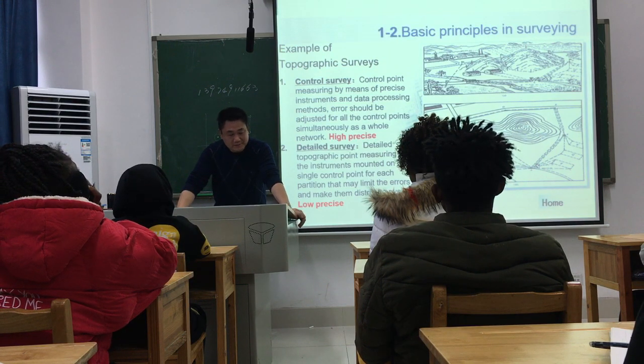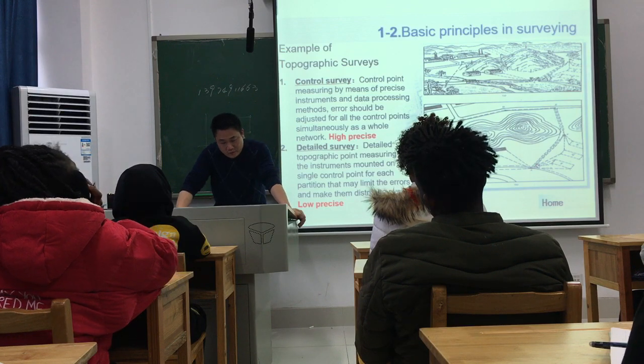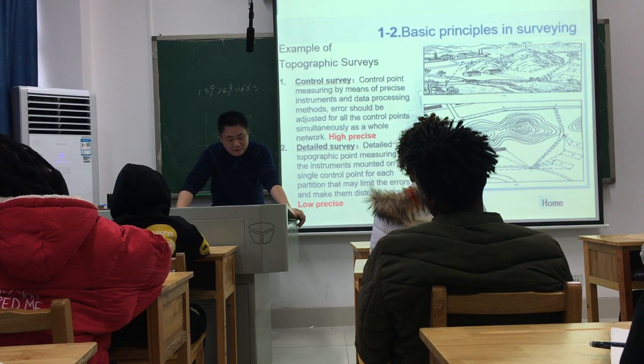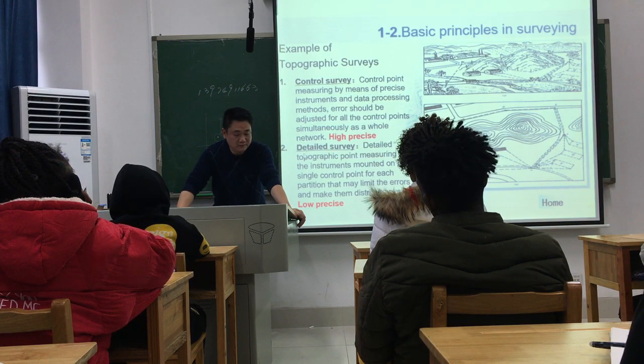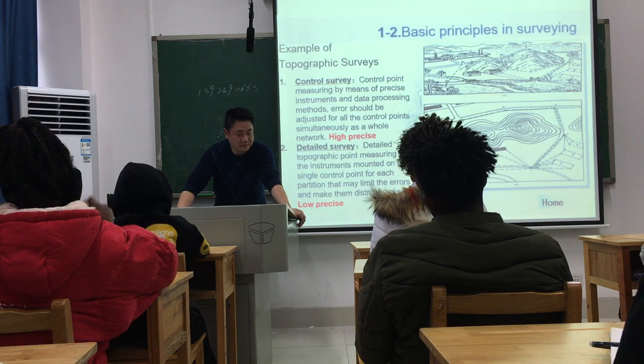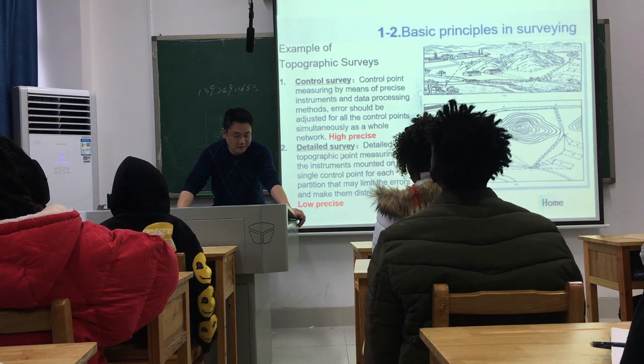This is the task and the branches, and then if we want to do survey in a certain area, we must obey some basic principles. First is do control survey, then do detailed survey. That means control survey first, then detailed survey.